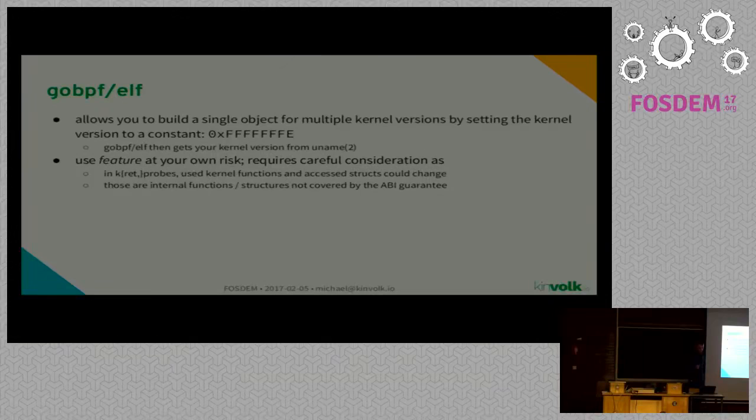So we built in this feature: when you set it to this constant, we will try to guess the current kernel version during runtime, and then just say to the kernel, yeah, we built it for that version. You can do that. It can be tricky because sometimes kernel structures change, functions change. So depending on what you do in your eBPF program, it could break afterwards. So you should know what you can expect from the kernel or what you rely on.